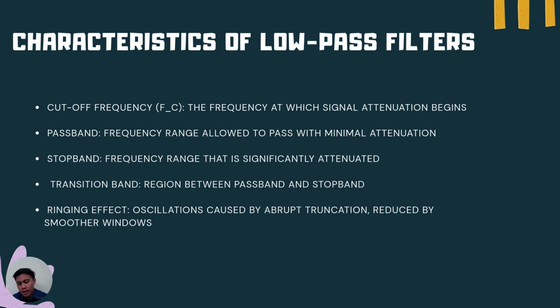Next, stop band, frequency range that is significantly attenuated. And next, transition band, region between pass band and stop band. And lastly, ringing effect, oscillation caused by abrupt truncation required by smoother window.